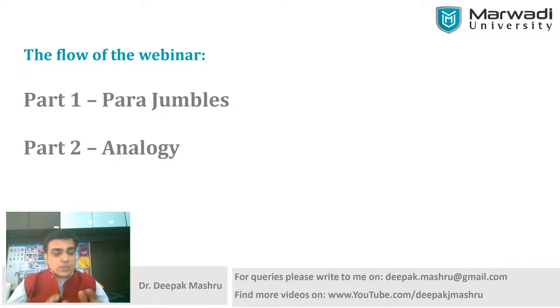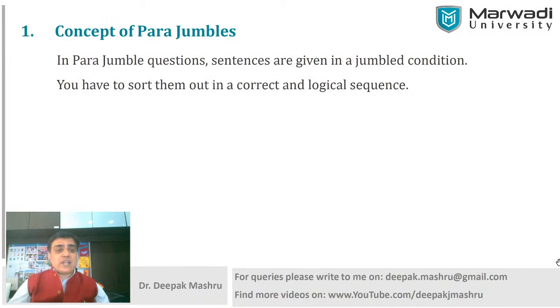Now, here we have para jumbles today, that is what we call paragraph jumbles, right? The concept of para jumbles says that a paragraph is taken from anywhere, and from that paragraph there can be 3 to 6 or 7 8 sentences, right?